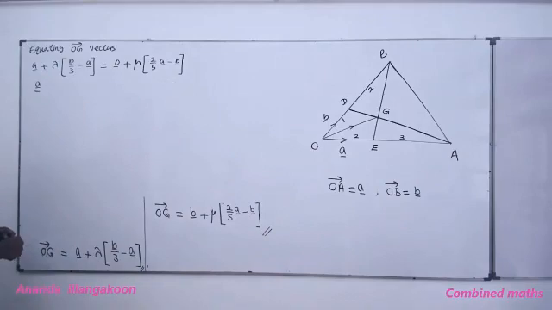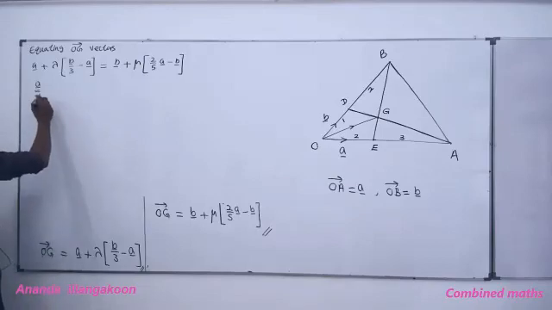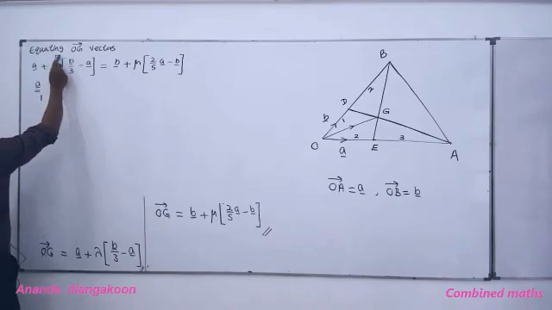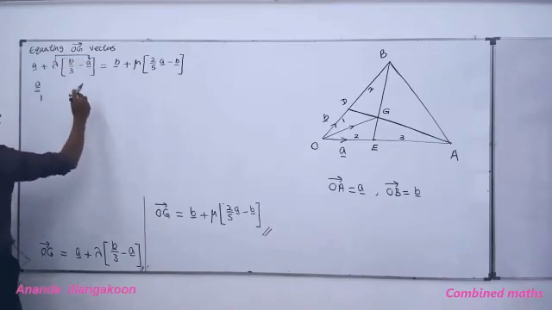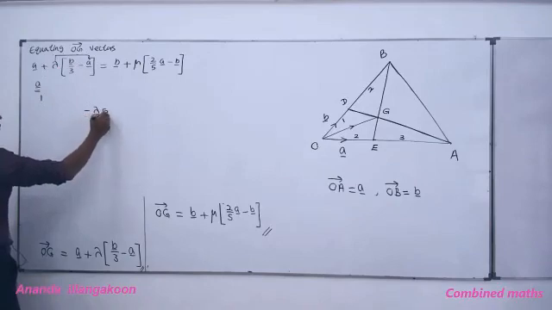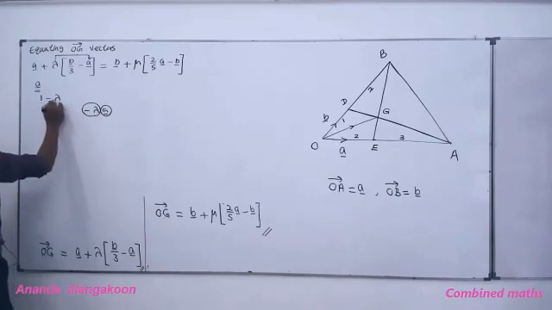Here, what is the coefficient of a? 1. A means the coefficient is 1. When you remove the bracket, people, we have to multiply this lambda and this minus a. What do we get there? Minus lambda. That should come here.